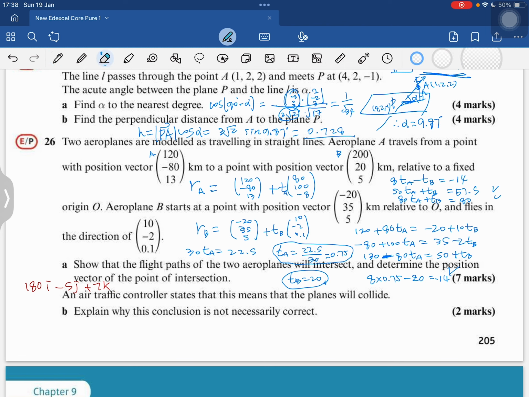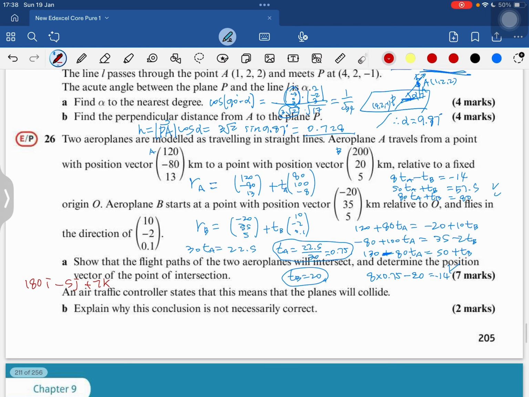And part B, the traffic controller states that the planes will collide. Explain why this conclusion is not necessarily correct. Because at this moment we don't know the velocity vector. So there is no clue for the velocity vectors of the two aeroplanes.